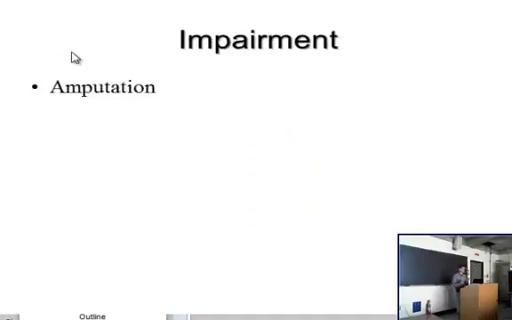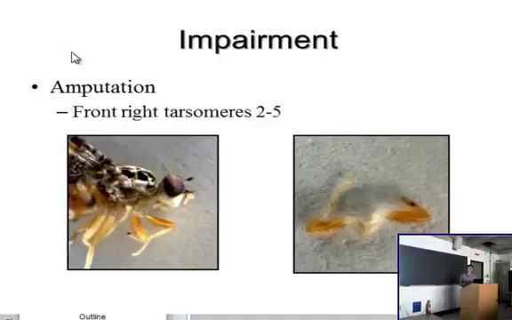I caused this artificial risk of mortality by amputating a portion of the front leg of these flies. Following carbon dioxide-induced anesthesia, I removed tarsomere segments 2 through 5, and that included the claw on the end of the leg.